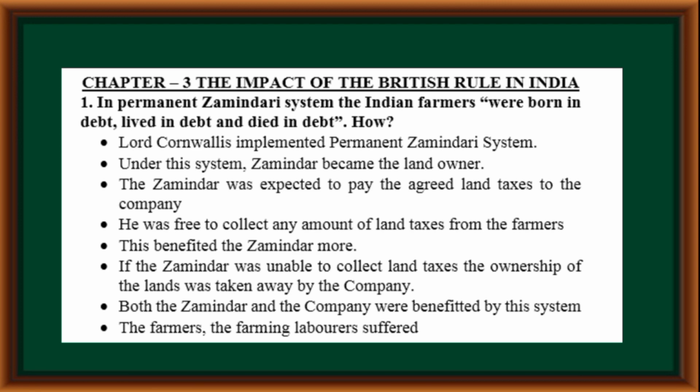He was free to collect any amount of land taxes from the farmers. This benefited the zamindar more. If the zamindar was unable to collect land taxes, the ownership of the land was taken away by the company. Both the zamindar and the company benefited from this system. The farmers and the farming laborers suffered.